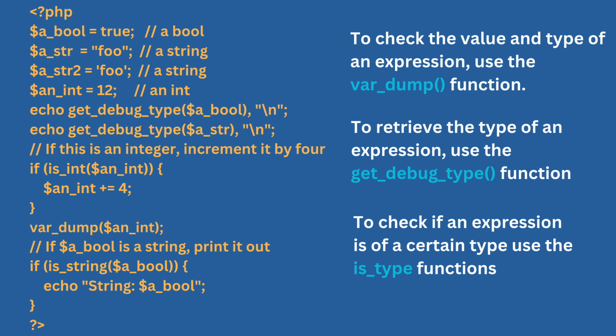And if you want to check whether a variable is boolean, integer, or float, you write is_bool, is_int, is_float. It returns true or false, and based on that the expression will execute. So let us see some examples.